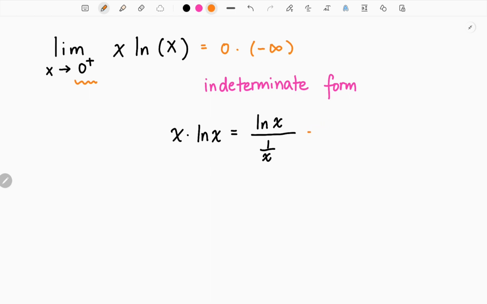In this case, if we substitute x approaches 0 again, on top of the fraction we get negative infinity, and on the bottom we would get infinity. So we have infinity over infinity form, which we would want to use L'Hopital's rule to solve.